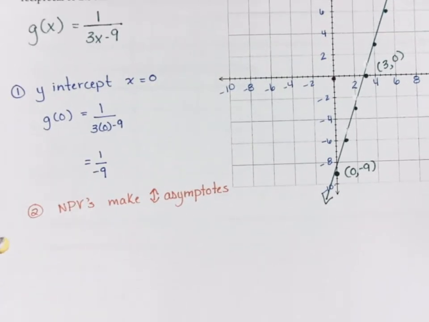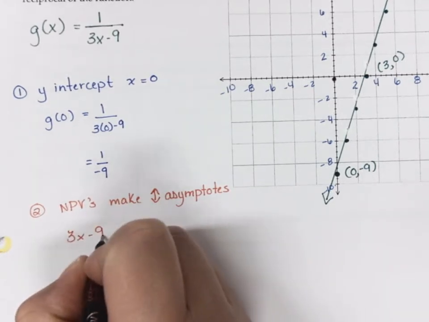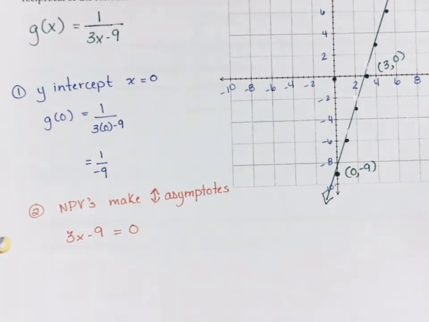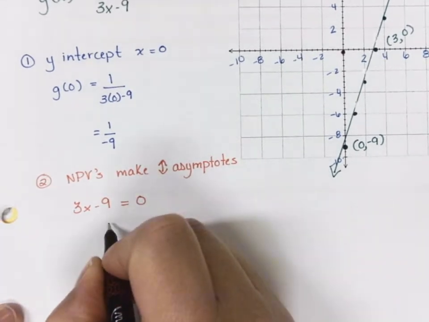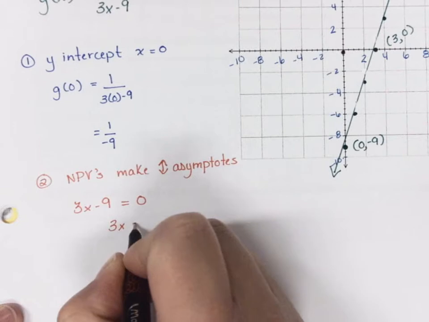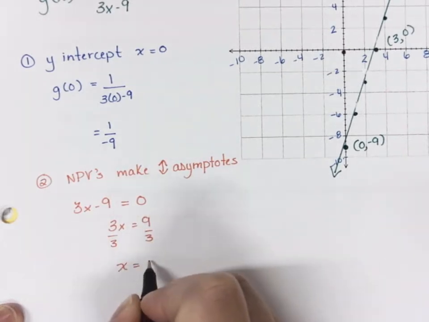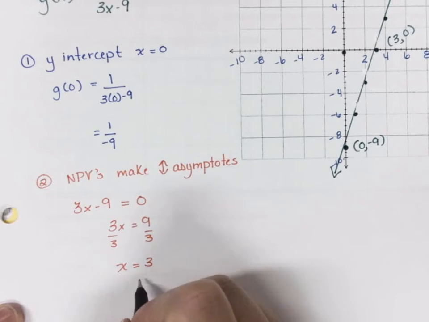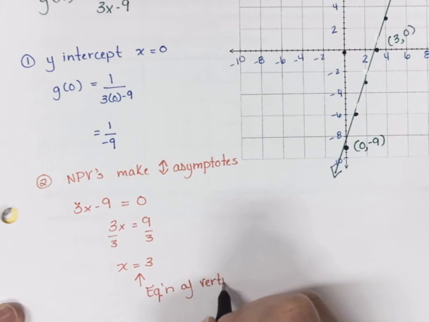Come on, guys. So we have 3x minus 9 equals 0. So we're going to have 3x equals 9, divide by 3, divide by 3. X is equal to 3. This is the equation of your vertical asymptote.